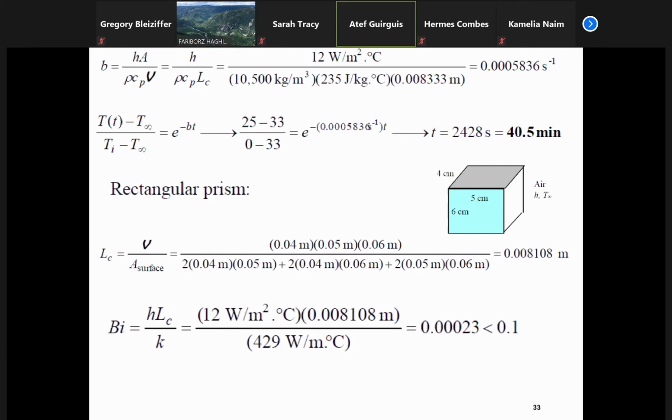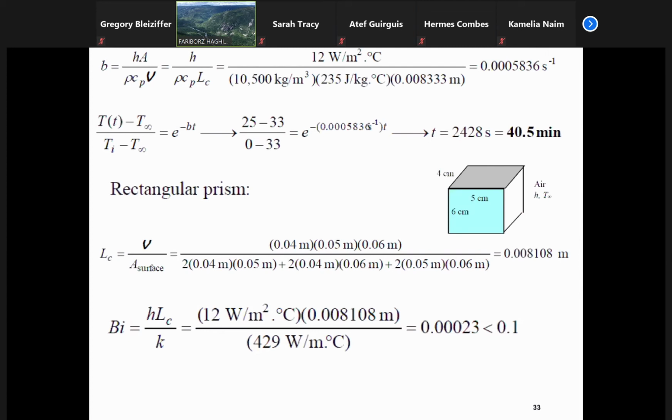Does any point on the surface reach the same temperature at the same time? Say it again, please. Points on the surface will reach the same temperature at the same time? Yeah, because that's the idea. That's the assumption that we ignore the internal resistance. It means if the temperature at the surface reaches 25, everywhere inside the solid is the same. Like you're coming from a traffic jam from downtown, suddenly you end up on highway 40.